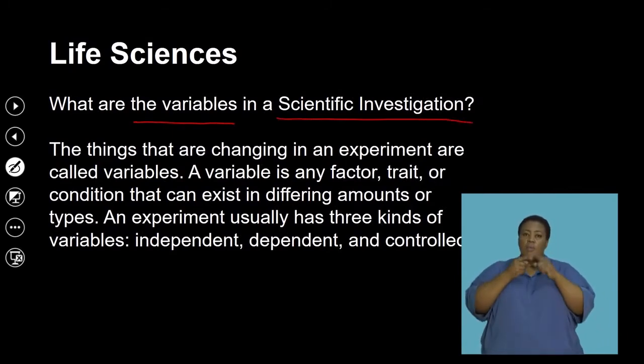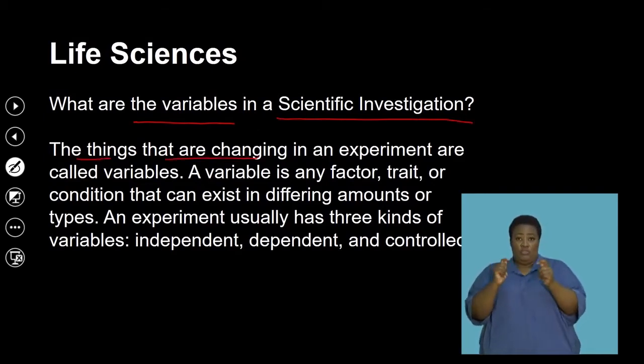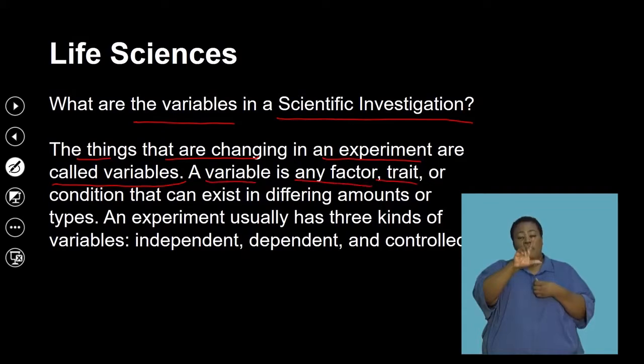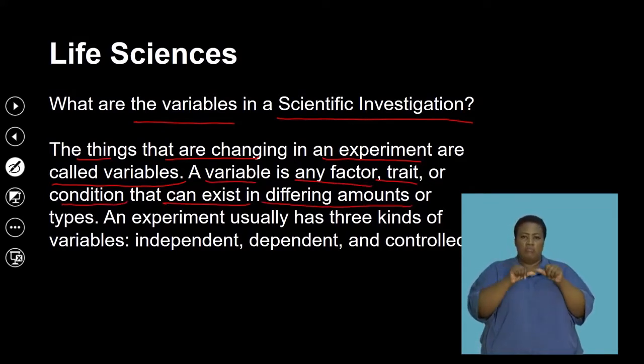And here we talk specifically about the types of variables. The things that are changing in an experiment are called variables. So variables refer to variation. A variable is any factor or trait or condition that can exist in differing amounts or types.